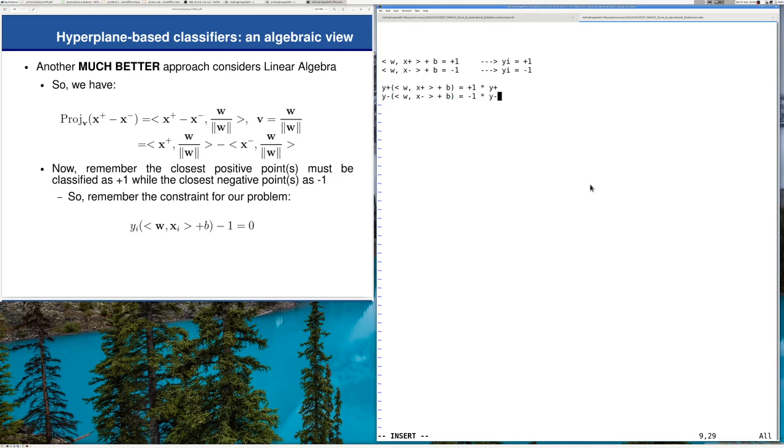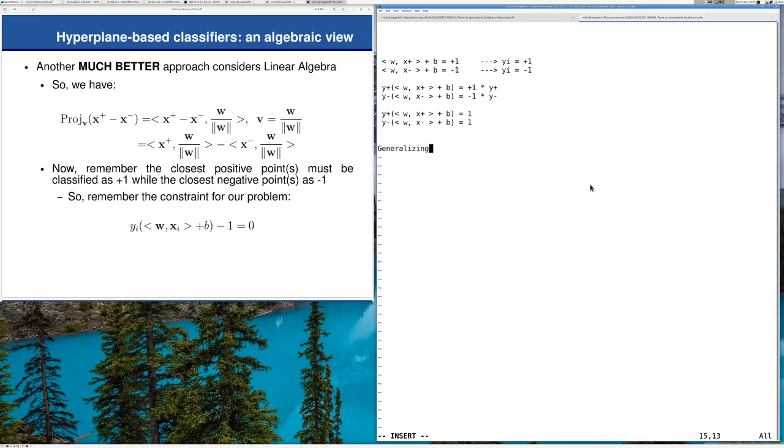Of course, this will have quite a simple result. On the right side, plus 1 times plus 1 will be 1. Negative 1 times negative 1 will be positive 1. And I can generalize this quite simple formulation.